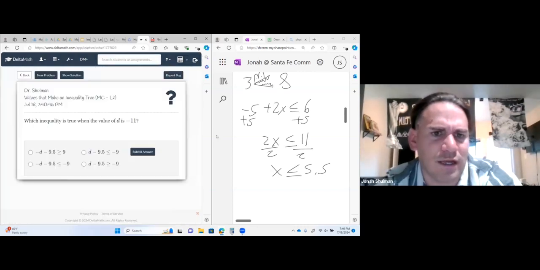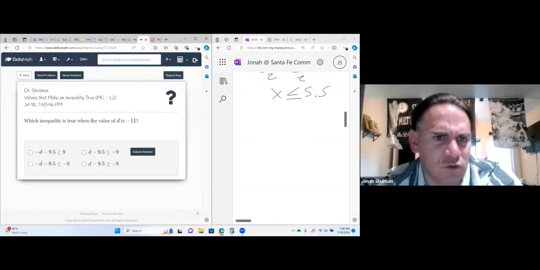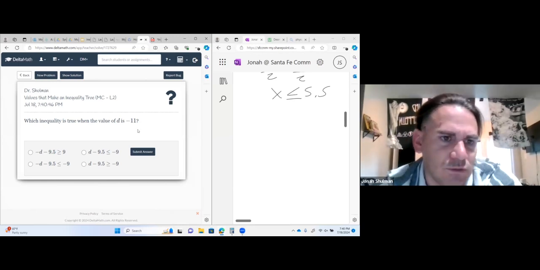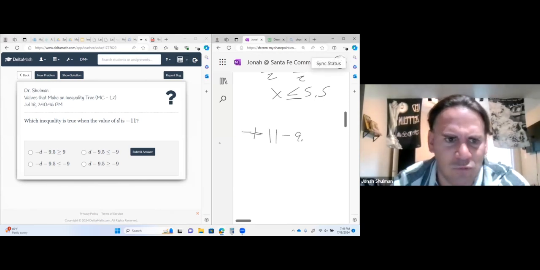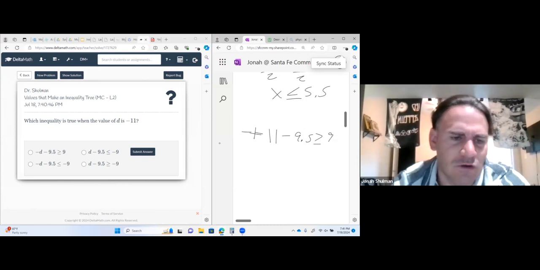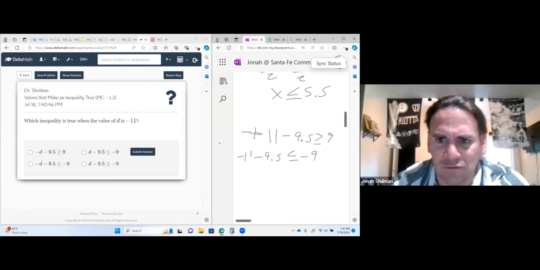All right, let's try harder. So which is true when d is equal to -11? Okay, so we have -11. These I gotta plug in because it looks weird. So it's a -11, so plus 11 minus 9.5 is greater than or equal to, no, not the first one. So it's a -11 minus 9.5 is less than or equal to -9.